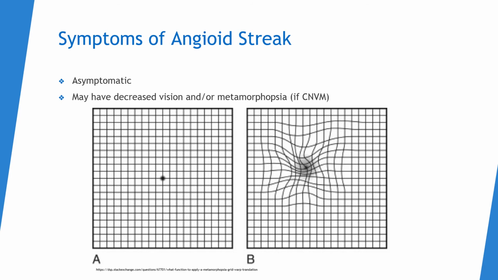Angioid streak can present as an asymptomatic condition. Some other individuals may have decreased vision or metamorphopsia if there is a choroidal neovascular membrane.